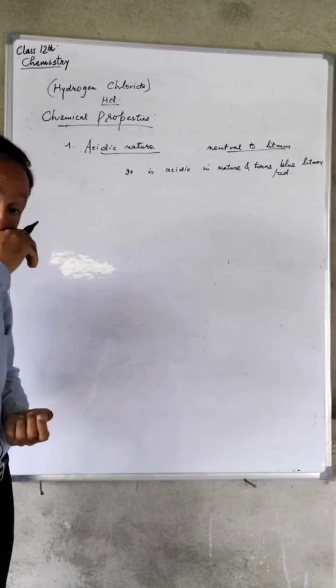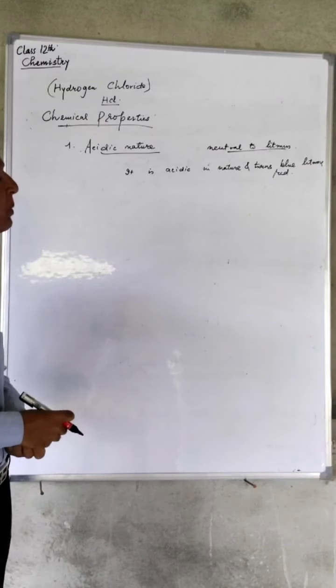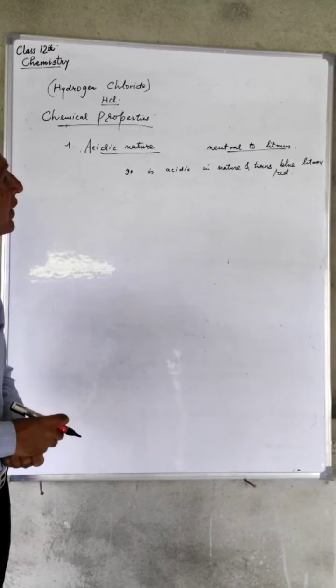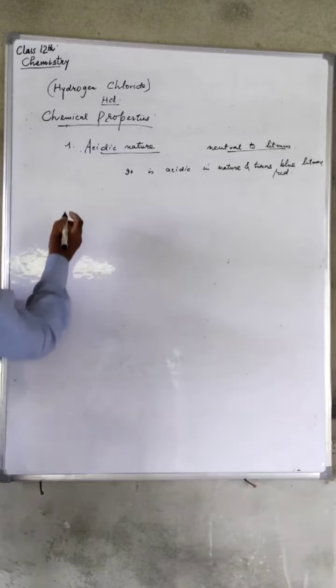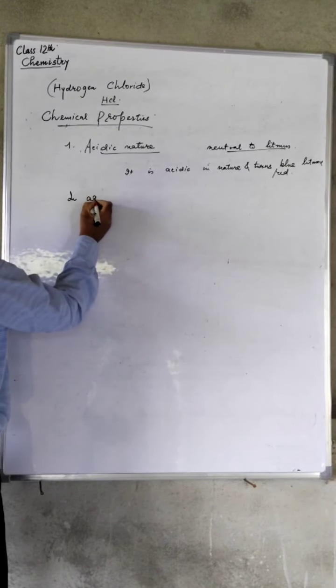But when we dissolve it in water and then put blue litmus paper in it, it becomes red. That means it is acidic in nature.